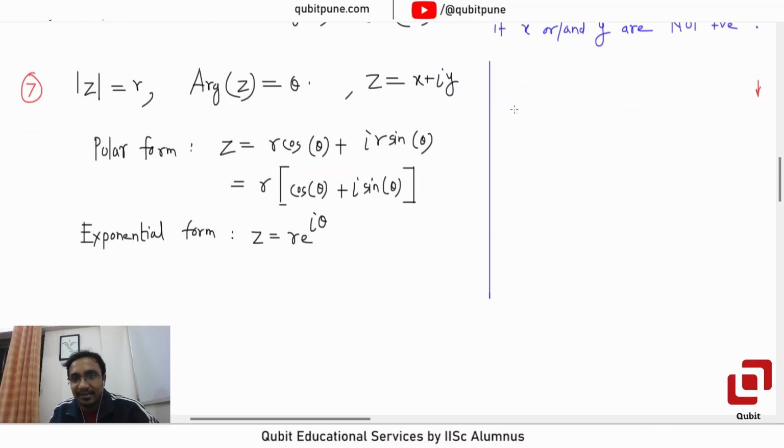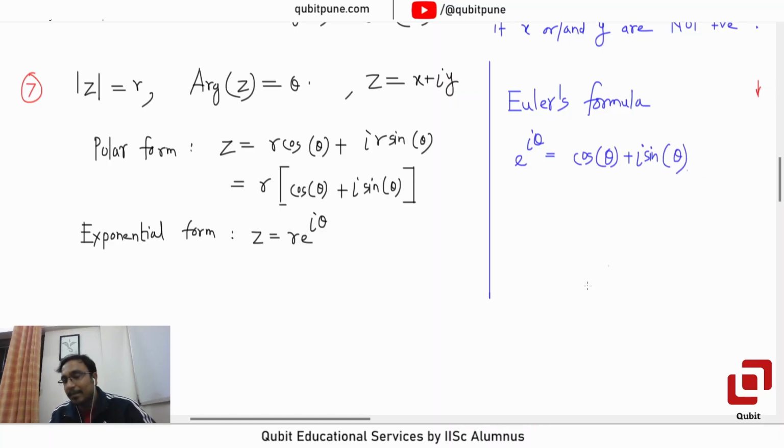That is called Euler's identity or Euler's formula: e to the power i theta is cos theta plus i sin theta. And this identity is very important. I'm telling you, whenever we want to multiply or divide two complex numbers, if you don't want to go by the z1 z2 way, x1 plus iy1, x2 plus iy2, just do this.